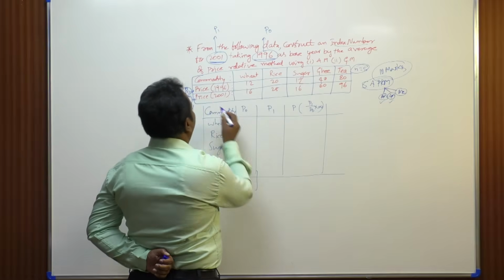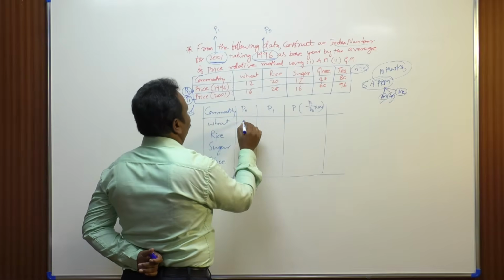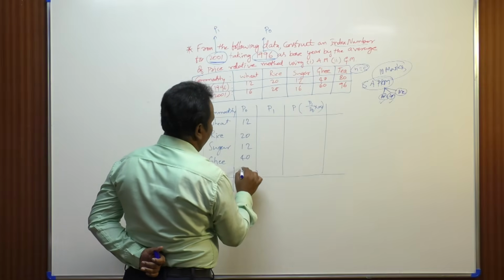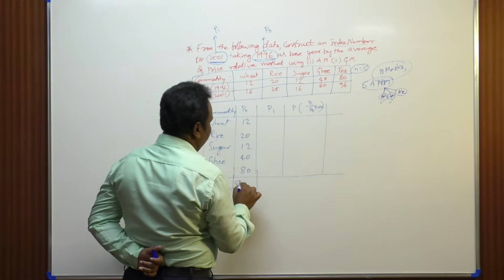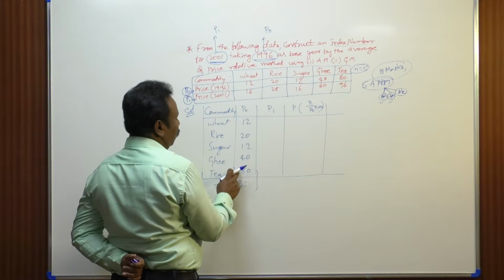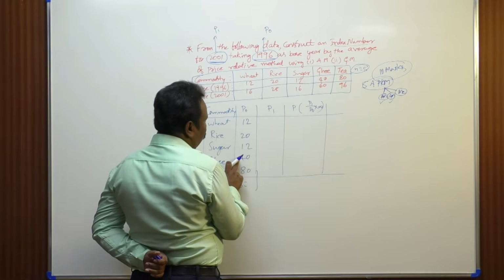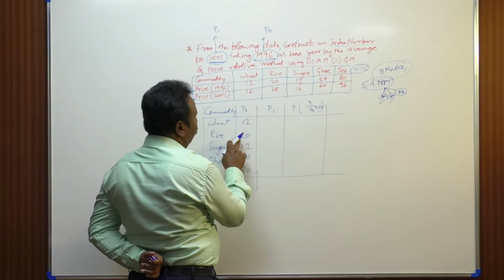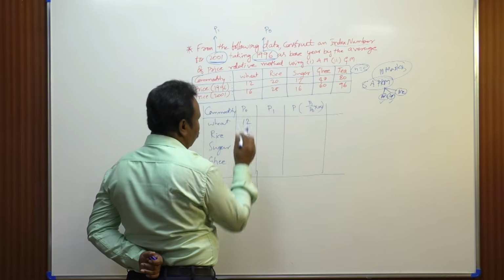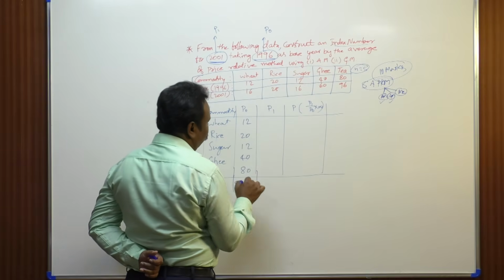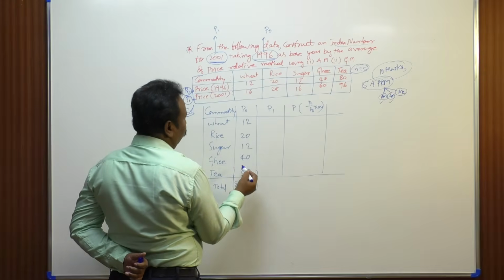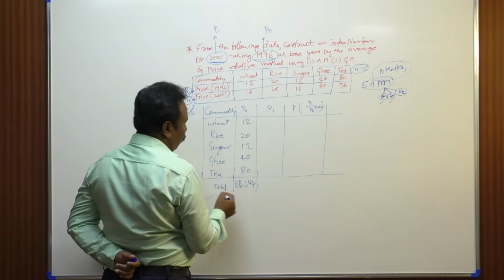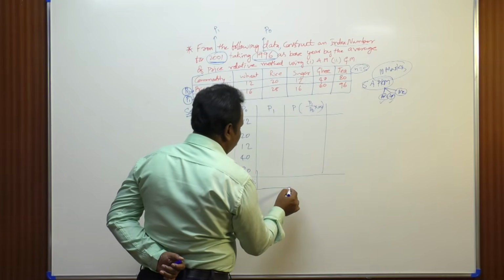The base year price P0 is 12, 20, 12, 40 and 80. So sigma P0 equals 164.